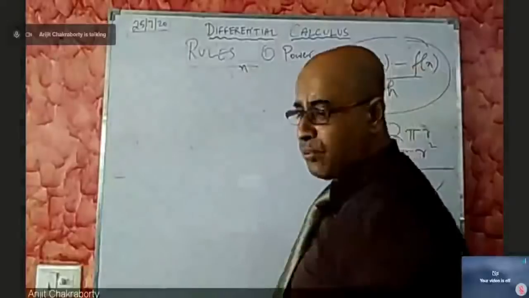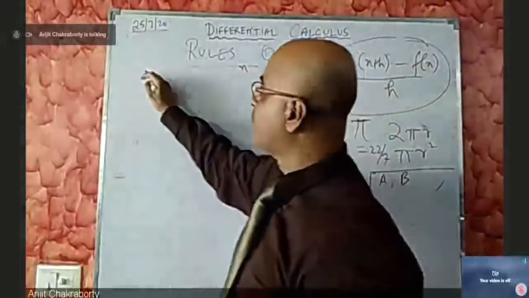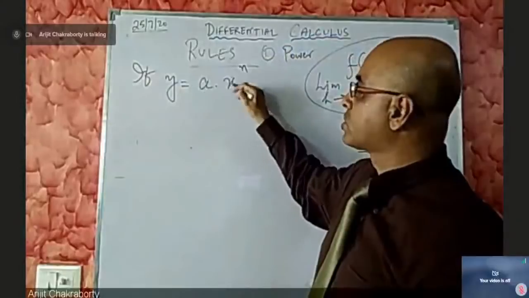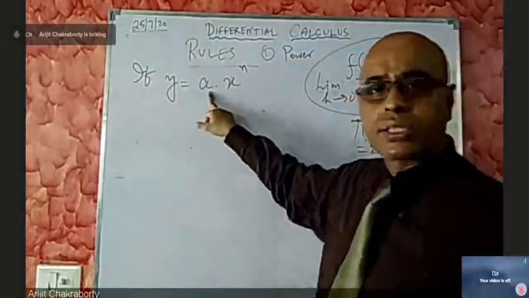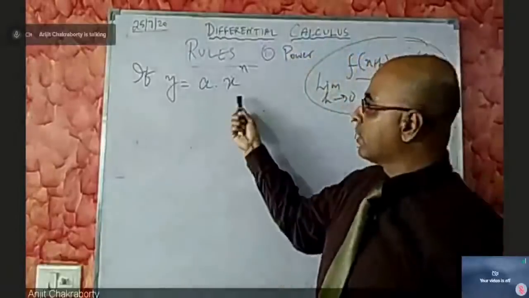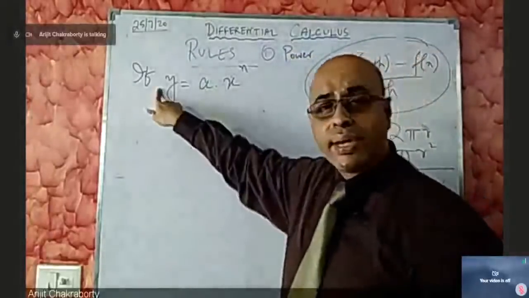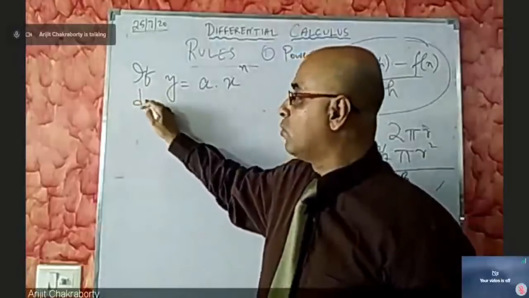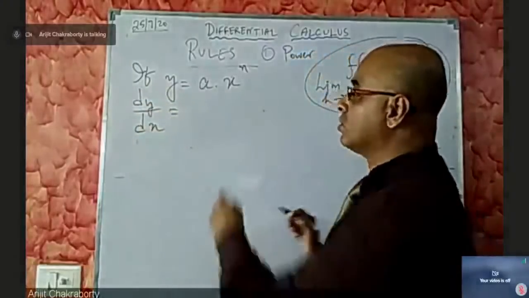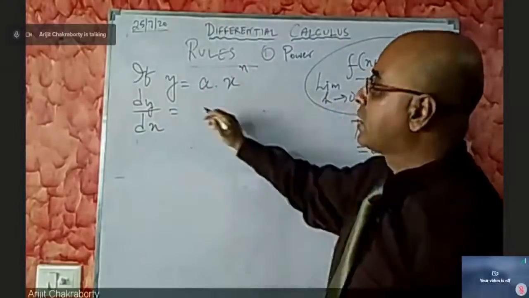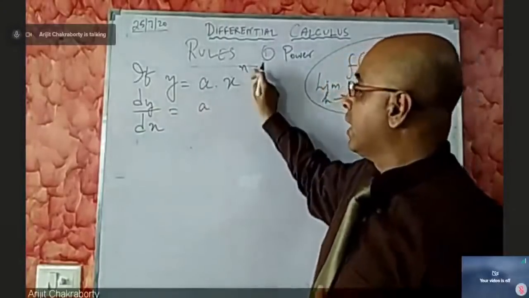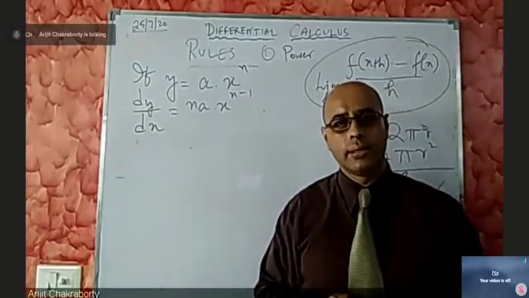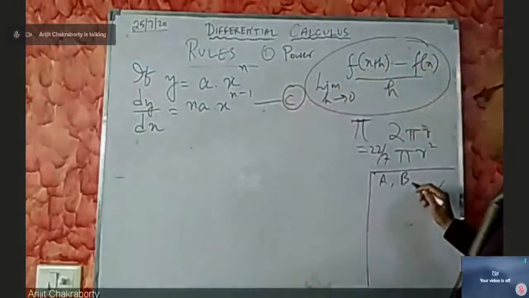The power function rule states that if y is equal to a into x to the power n, where a is a constant, then the derivative of y, that is the differential coefficient dy by dx, will be equal to: a will remain as it is, n will come down, x to the power n minus 1. So this is the third formula C.